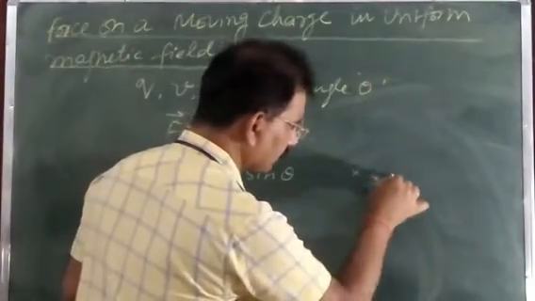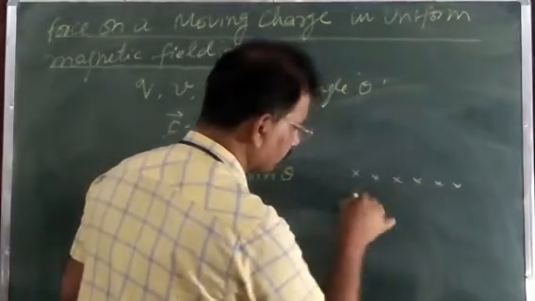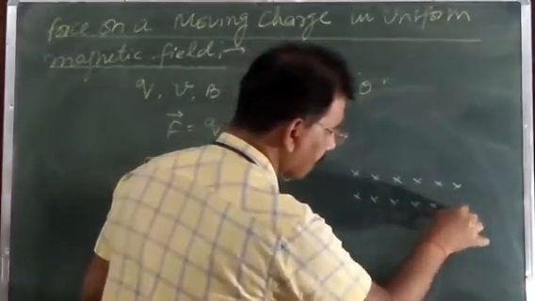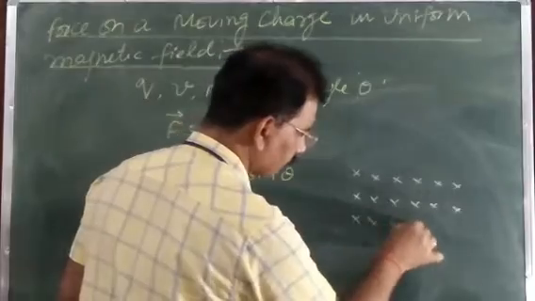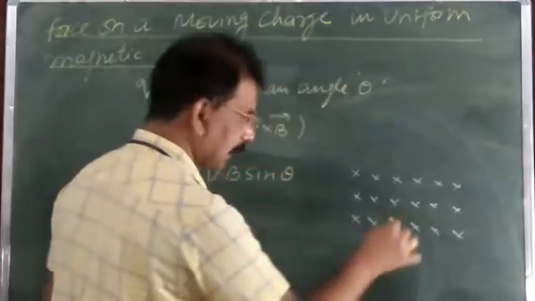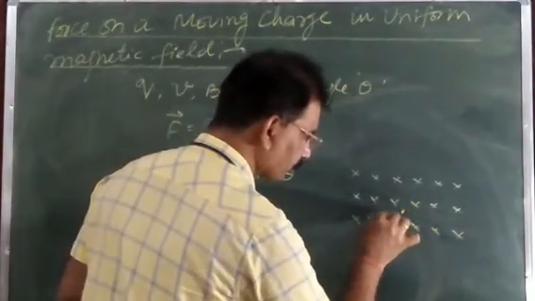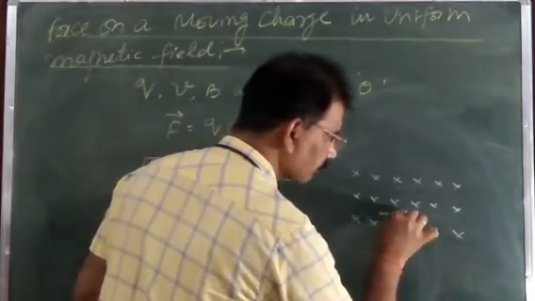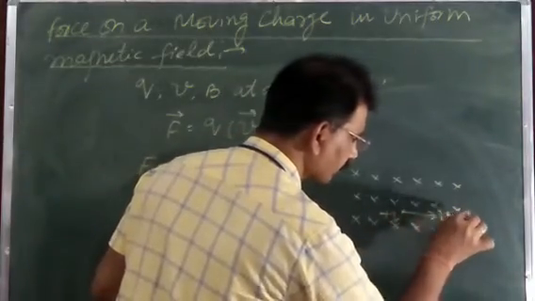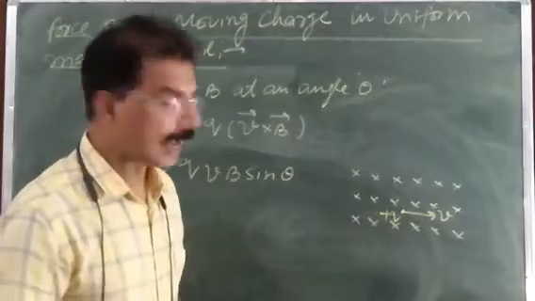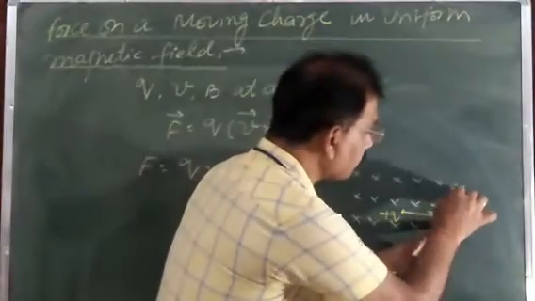Suppose this is one magnetic field. And a charged particle plus q is moving with velocity v in this. So what is the angle between this v and B?